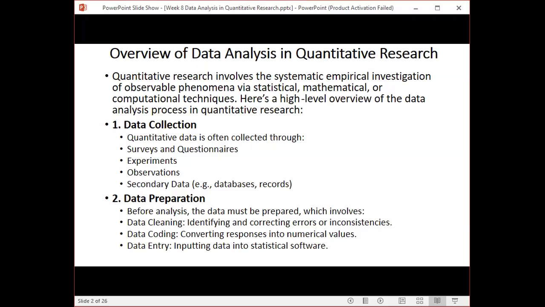Even if you go and take secondary data, sometimes that data is also not clean the way you want it to be. So you might go in there and look through for inconsistencies, look through for errors, and clean them. Make sure that the data is now okay to be used for analysis.